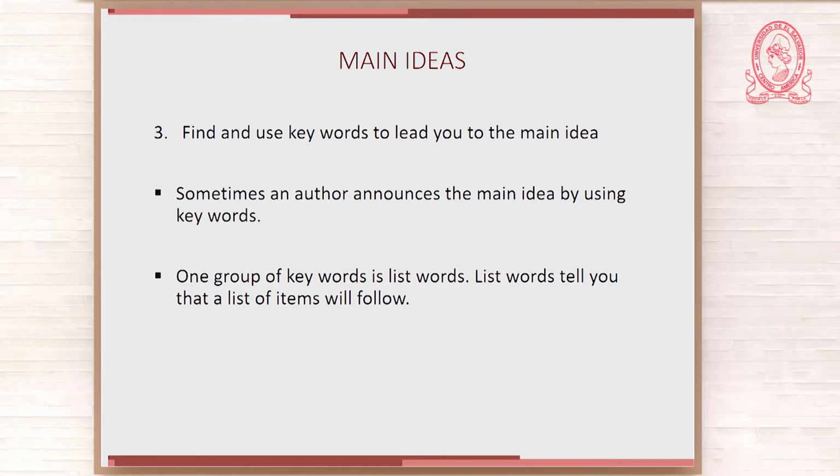The main idea in the paragraph about carbon monoxide that we just read was stated like this: Carbon monoxide is deadly for many reasons. In this case, the expression many reasons suggests that the paragraph may be about specific reasons that carbon monoxide is deadly. The list words many reasons help you identify the main idea.